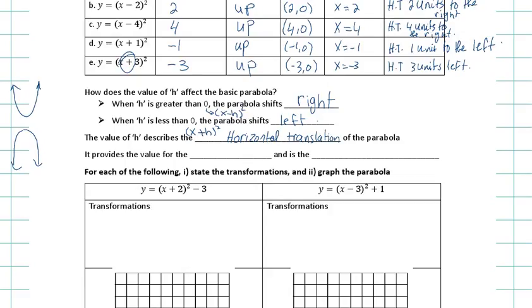It provides the value for the x of the vertex and is the axis of symmetry.